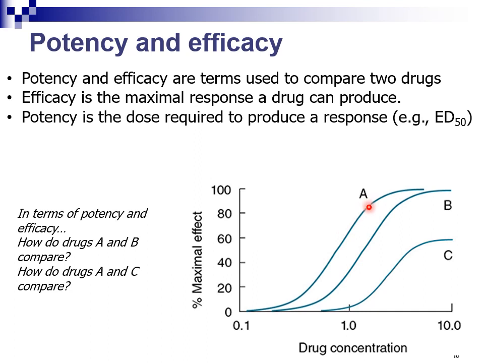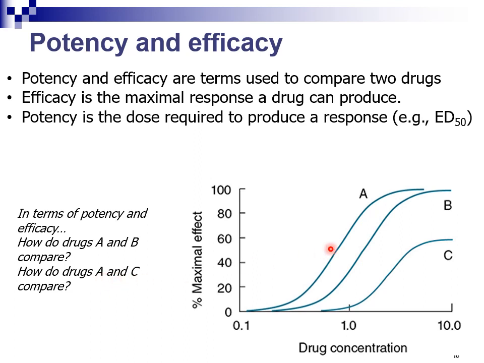A will produce a given effect, say we're looking at the ED50, the effective dose for half, at a drug concentration or dose that is lower than it would be for B. So A is more potent than B. Same efficacy, different potencies, right? It takes less of A to cause the effect than it does B.